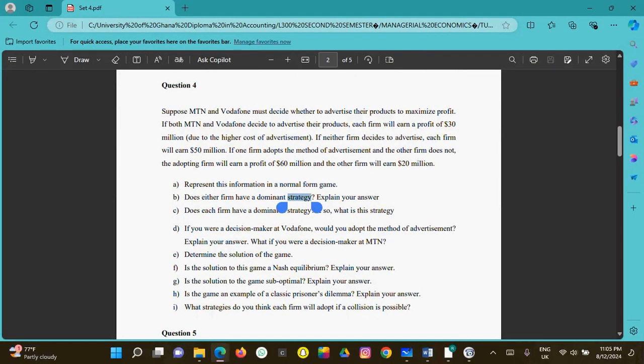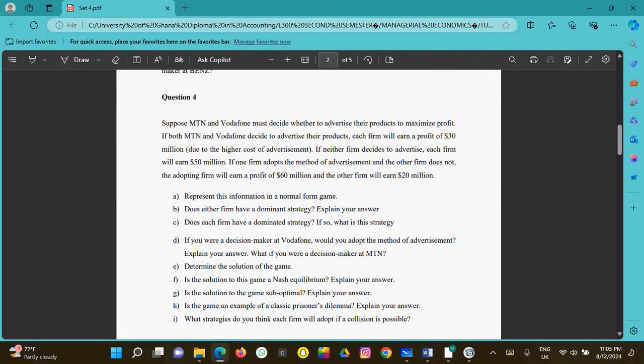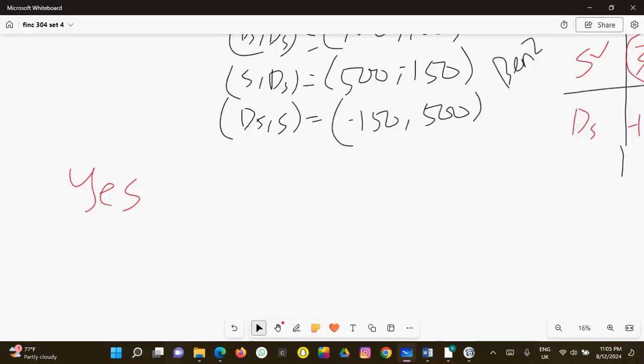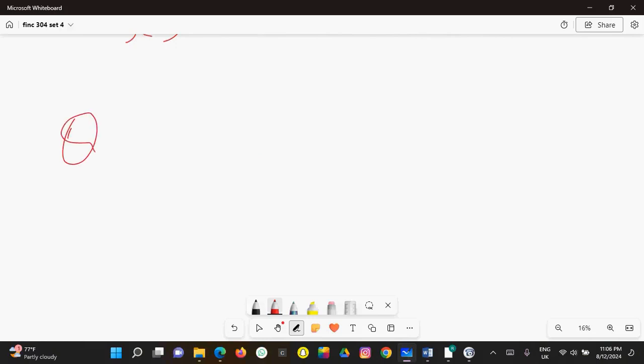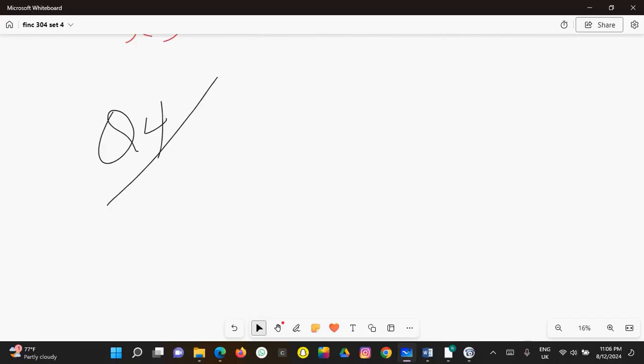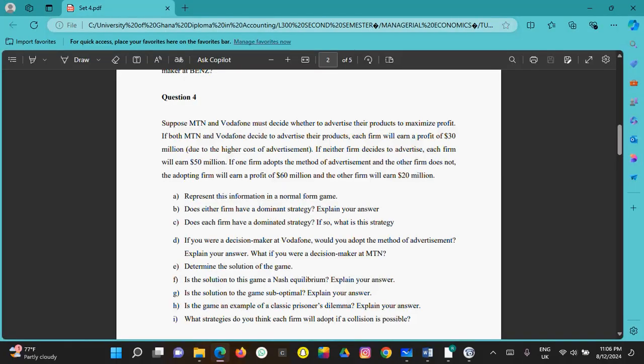This is where maybe it will take most of our time, but we'll finish right now. Right, so let's go to question 4. Suppose MTN and Vodafone must decide whether to advertise their products to maximize profit.